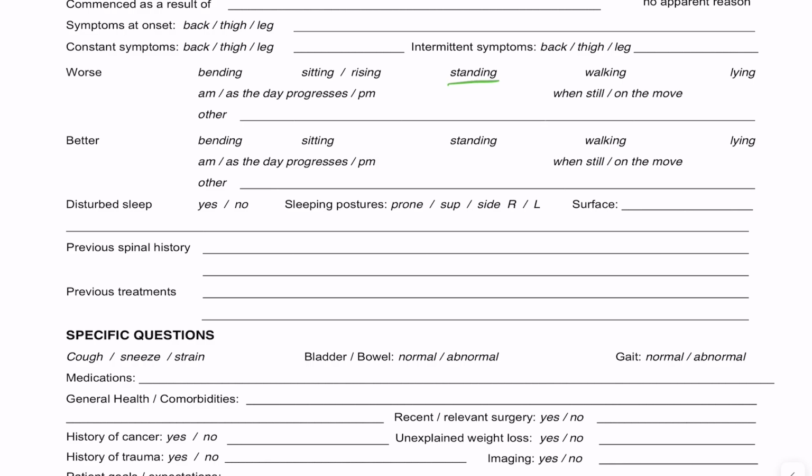Standing, is that static standing? This is important. Sometimes it's standing in line, standing talking to a friend, where you're truly just standing, versus standing and doing dishes, very different activity. Standing and doing dishes is actually bending. So you need to make sure that you differentiate between those two things. Standing truly means they're upright, not standing and bent over a workbench.